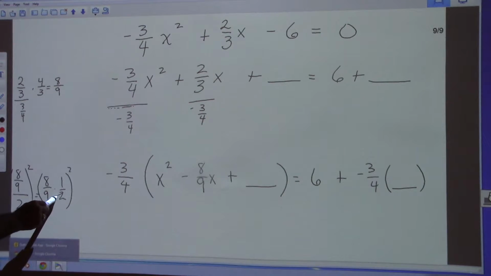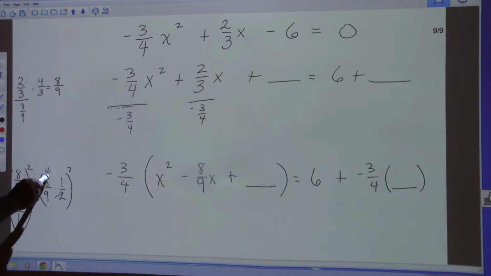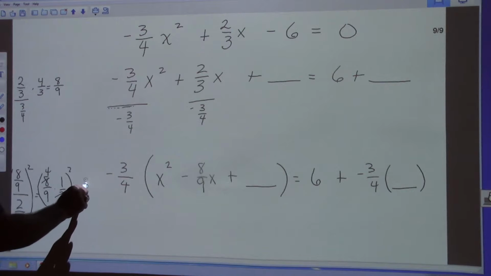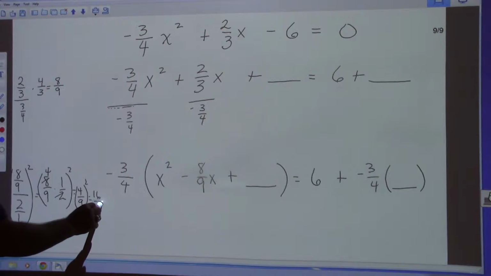The 2 and the 8 will cancel. Leaves what? 4/9. And 4/9 squared is 16 over 81.